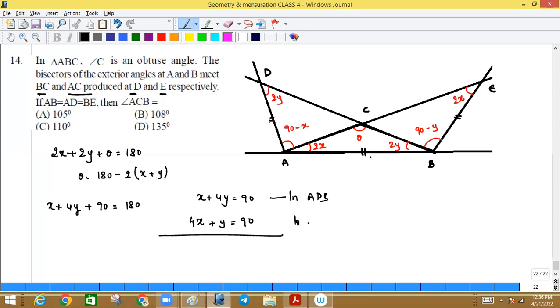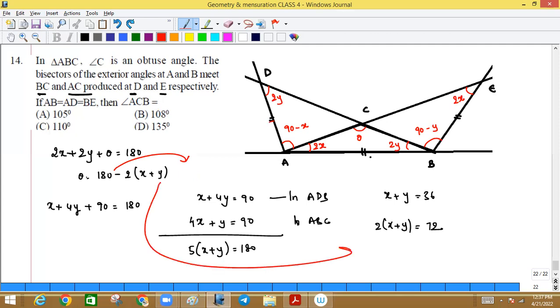This one is in ABC. If you combine both of them, 5 times of x plus y is equal to 180. X plus y equal to 36. Therefore, 2 times of x plus y is equal to 72. What I need is 180 minus 72 is 108 degrees.